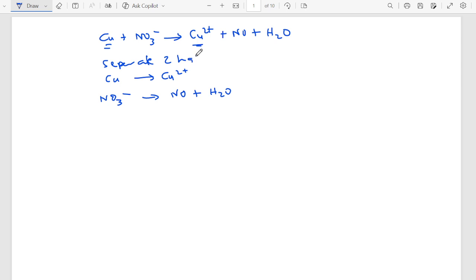Okay. The second step is supposed to be to balance every other element apart from oxygen or hydrogen. If you notice, nitrogen is balanced, copper is balanced, so no need. The next one is to balance oxygen using water. Then in turn, we'll balance hydrogen using hydrogen ion.